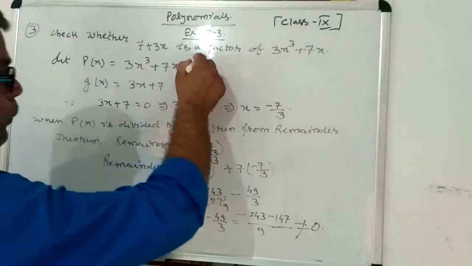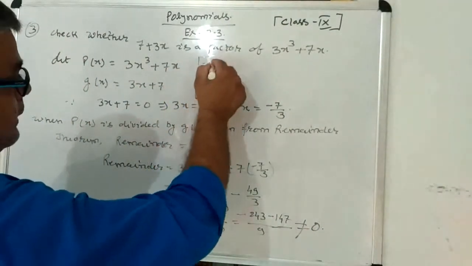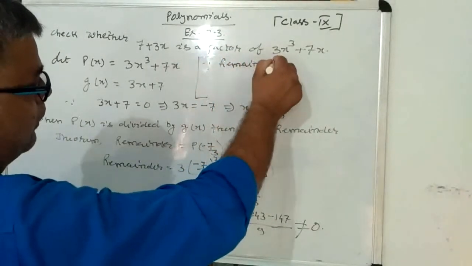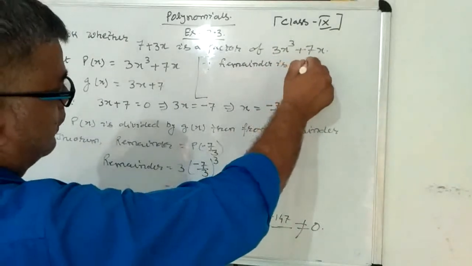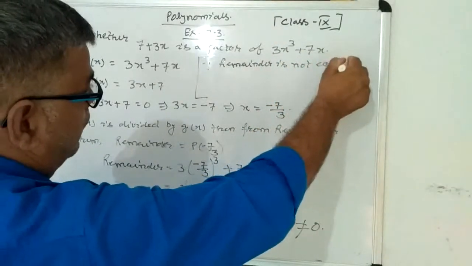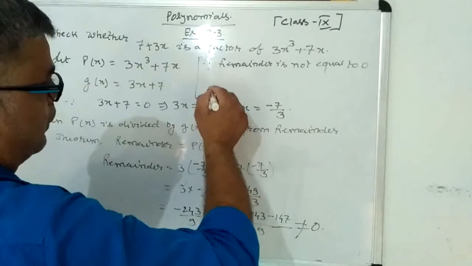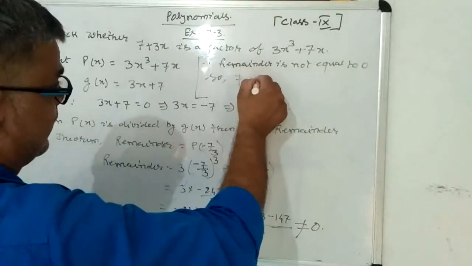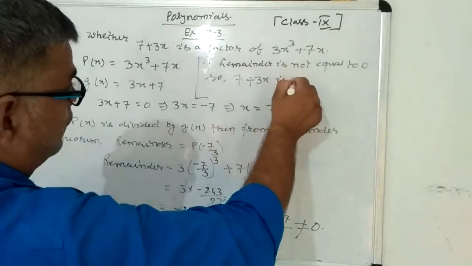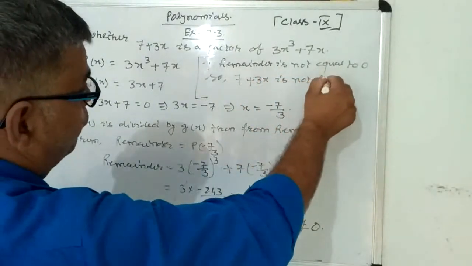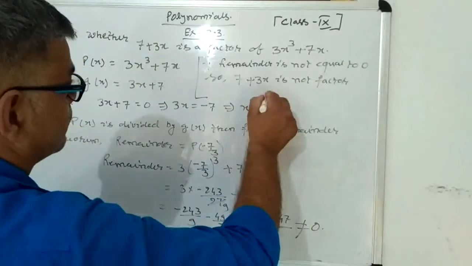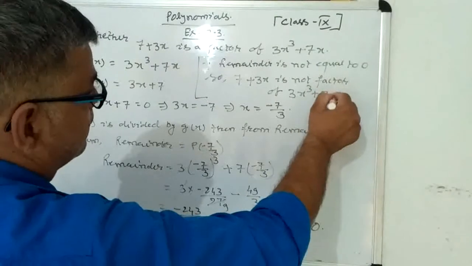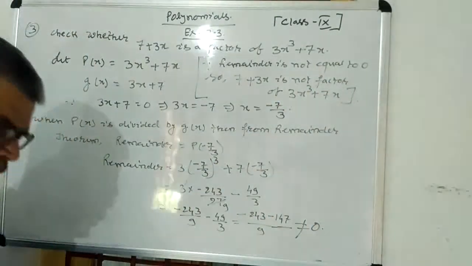So we can conclude that since the remainder is not equal to 0, 7 plus 3x is not a factor of 3x cube plus 7x, because the remainder is not 0.